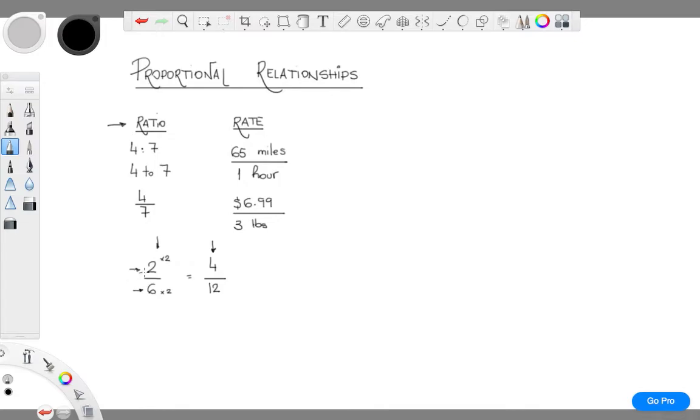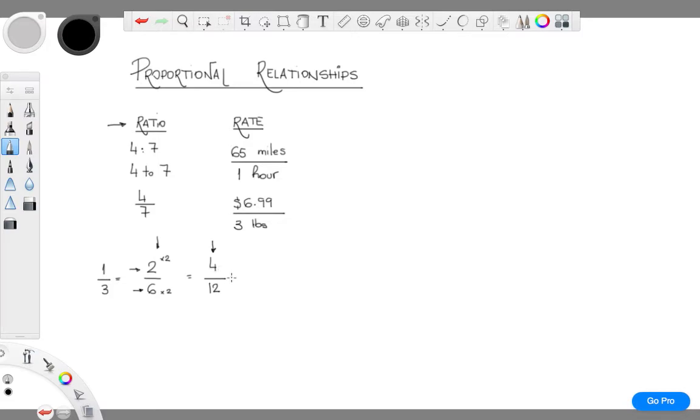If we simplify these two fractions, would we get the same simplified fraction? Well, let's see. If we divide by 2, 2 divided by 2 is 1, and 6 divided by 2 is 3.